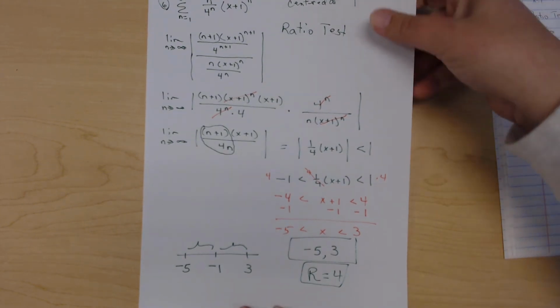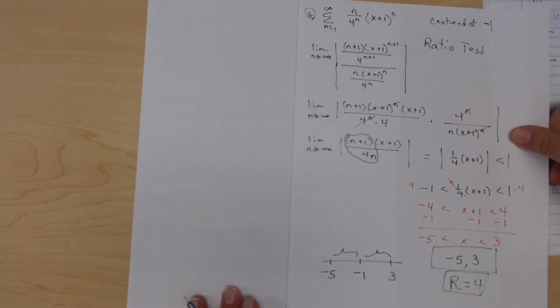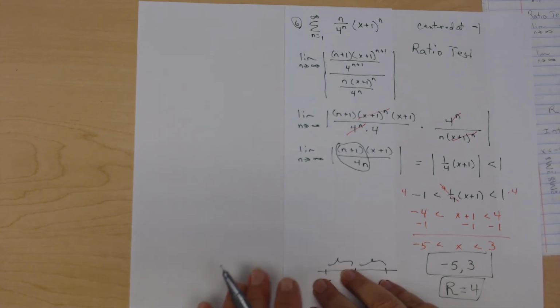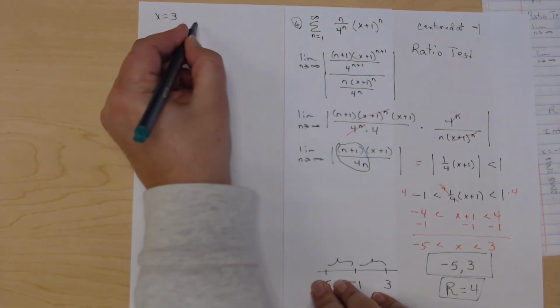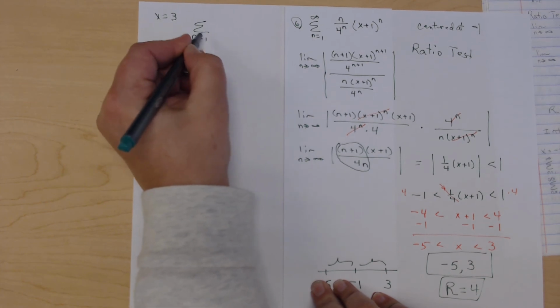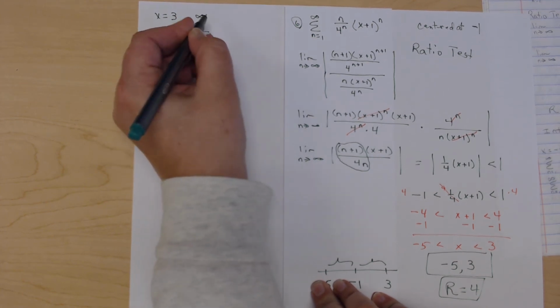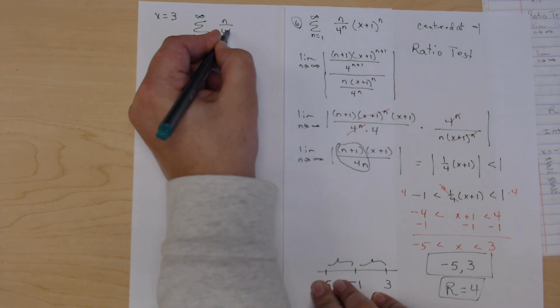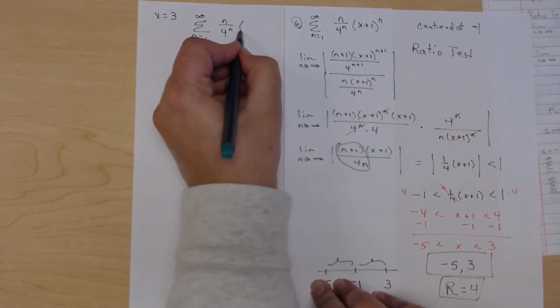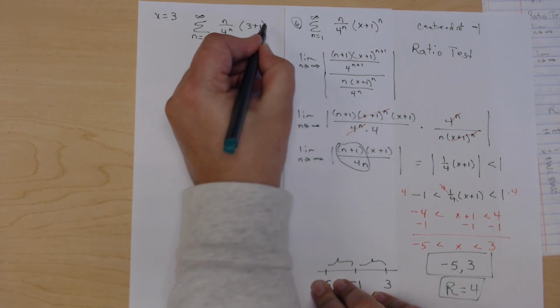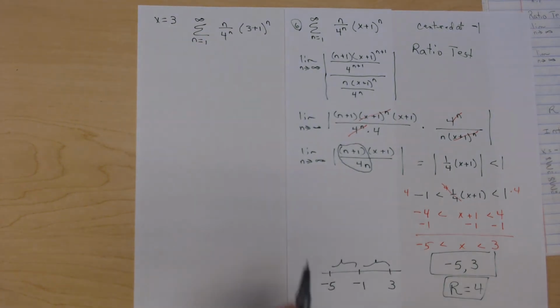All right, so let's go at it. Let's do x equals 3. Summation n equals 1 to infinity, n over 4 to the n, and then I'm plugging in a 3, so 3 plus 1 to the n. Okay.